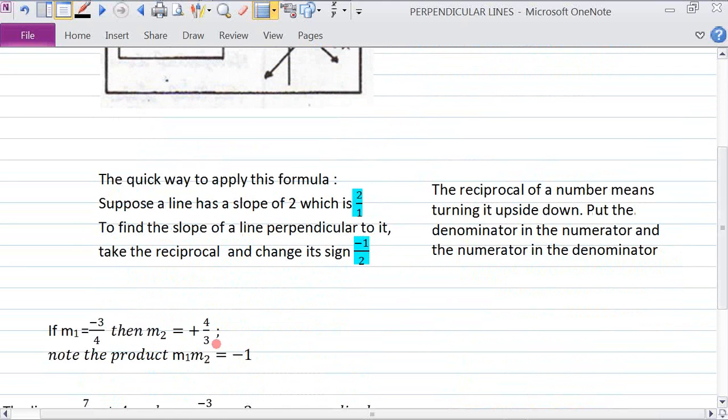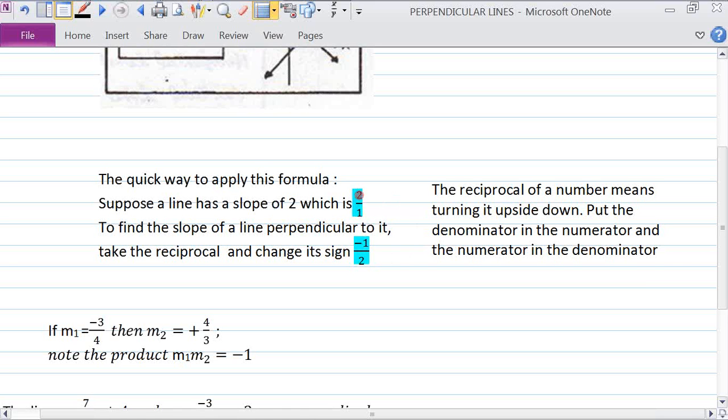Now, here's a quick way to apply this formula. Suppose we have a line of slope 2, which is really 2 over 1. To find the slope of a line perpendicular to it, we take the reciprocal and change its sign. What does that mean? Reciprocal means turn it upside down. So put the 2 from the numerator into the denominator and put the denominator into the numerator.